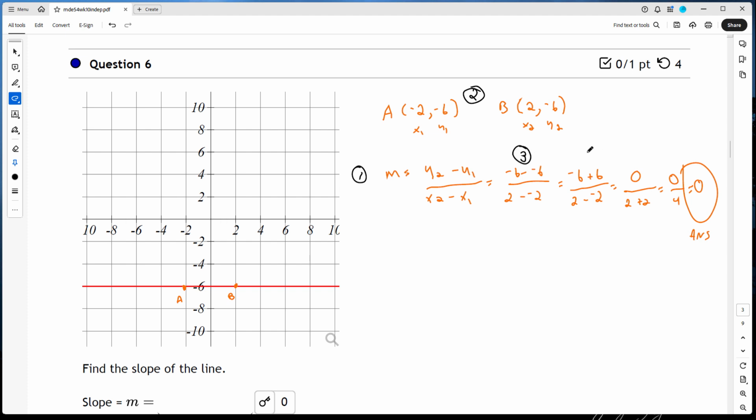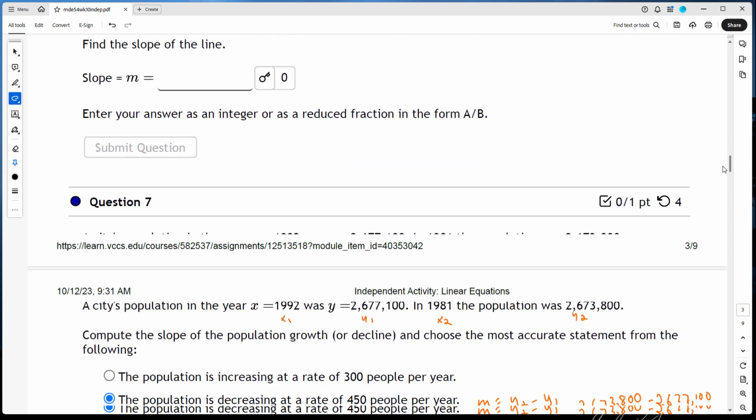And the fourth thing you do is you simplify. You end up with a slope of 0 for this one.